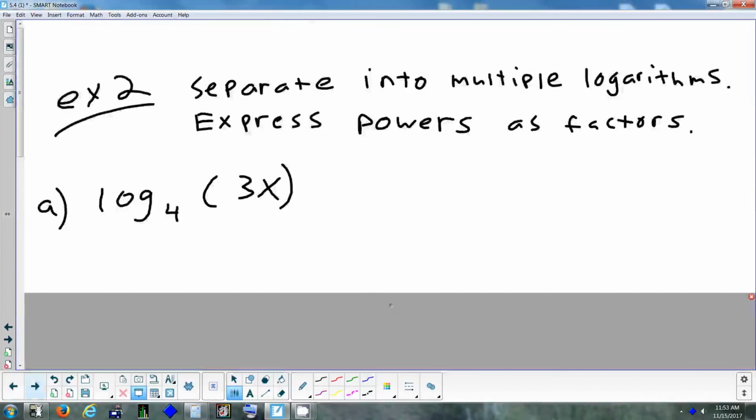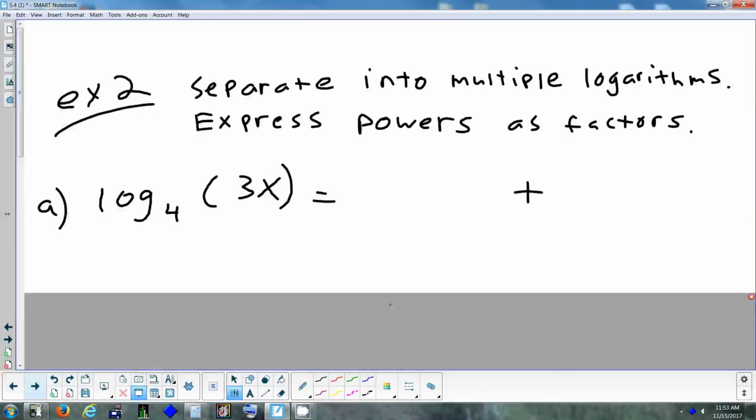Okay. Let's try this one. Separate into multiple logs. If you end up with exponents, move them in front. Put them as factors. All right, so Dave, inside the parentheses there, is that a product or a fraction? It's a product. Does a product split as a sum or difference? Sum. So we're going to have a sum.